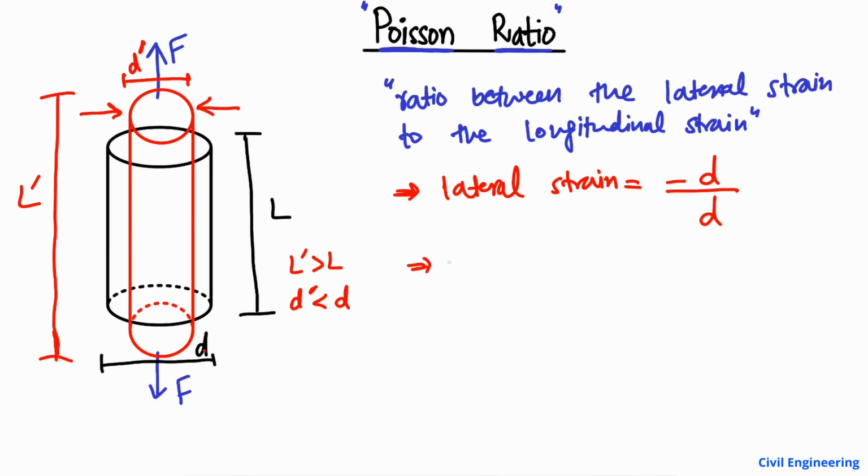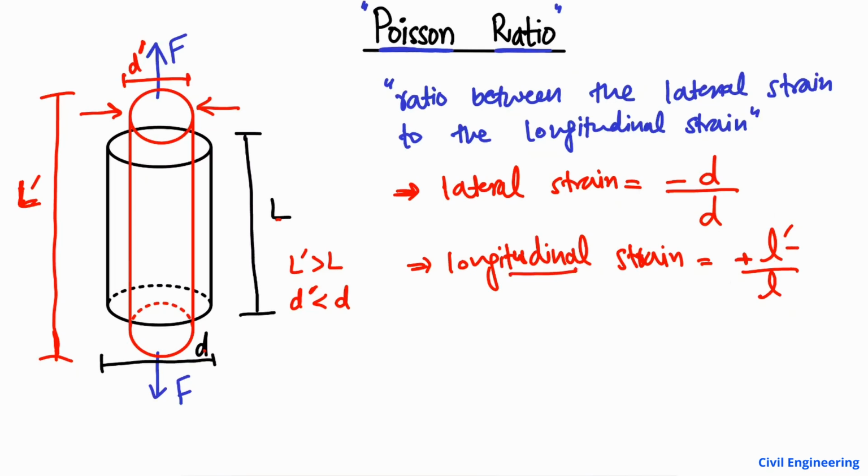And if we consider the longitudinal strain, it is basically L dash divided by L. Here L dash is the increased length, and L is the original length. The ratio of this length increase is positive because it increases, and this ratio is known as the longitudinal strain.